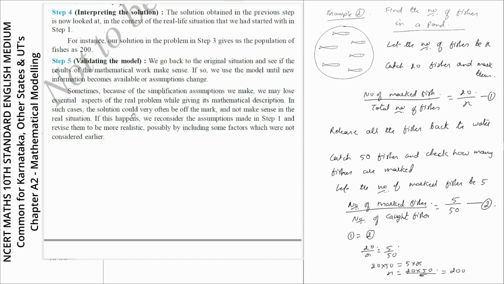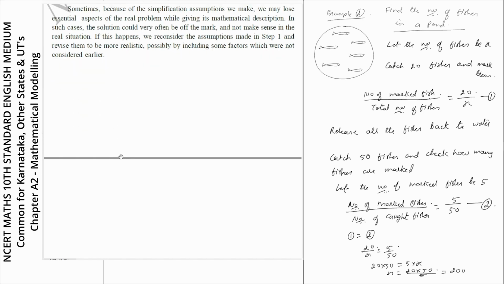In such a case, the solution could often be off the mark and not make sense in the real situation. If this happens, we reconsider the assumptions made in step 1 and revise them to be more realistic, possibly by including some factors which were not considered earlier. So if the result is not making sense, then maybe the assumptions which we made in step 1 are not proper, and we are going to make new assumptions and solve it.